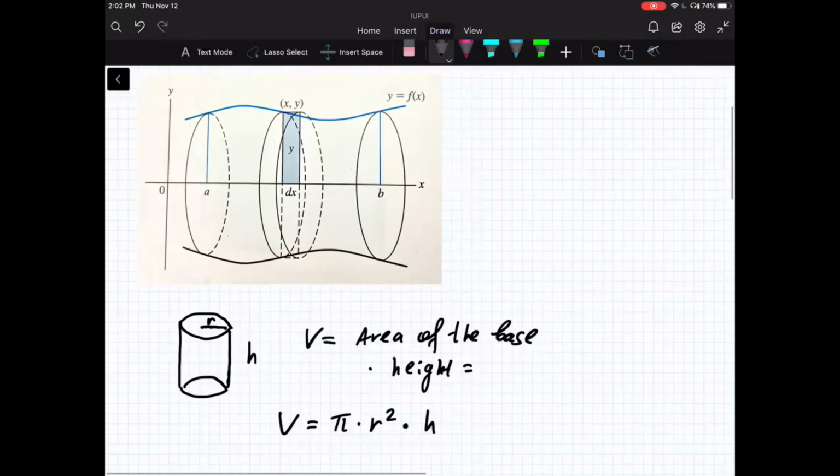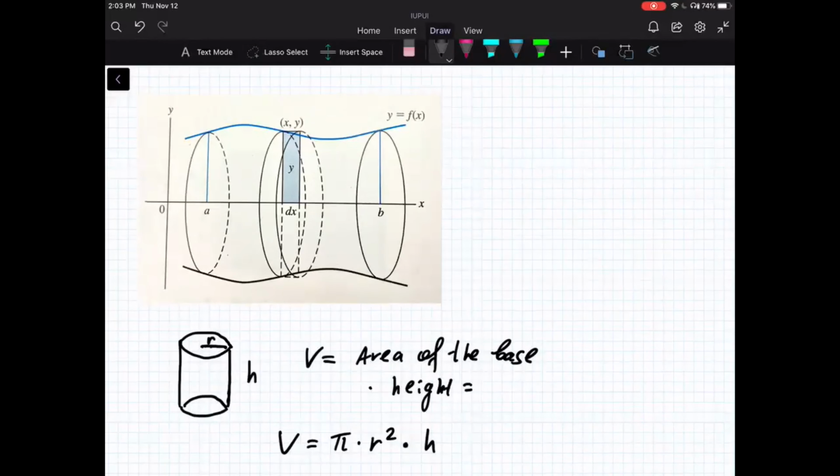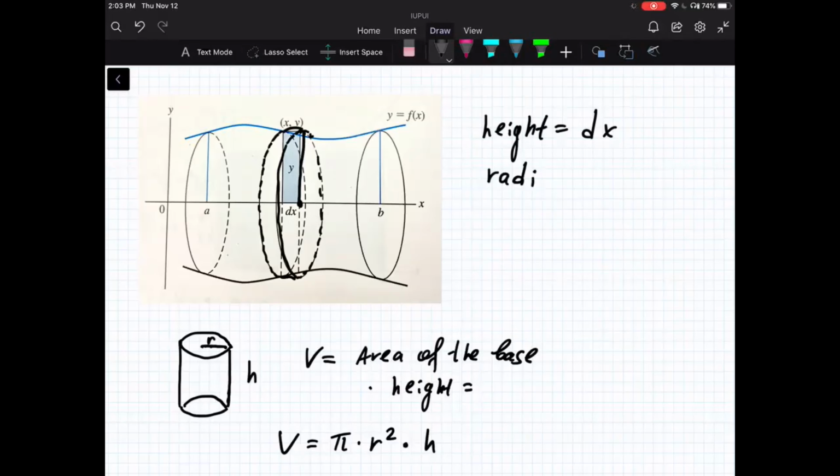And coming back to our picture, this cylinder has height dx, and the radius, since we rotate around the x-axis, is just the value of our function at that point, x.